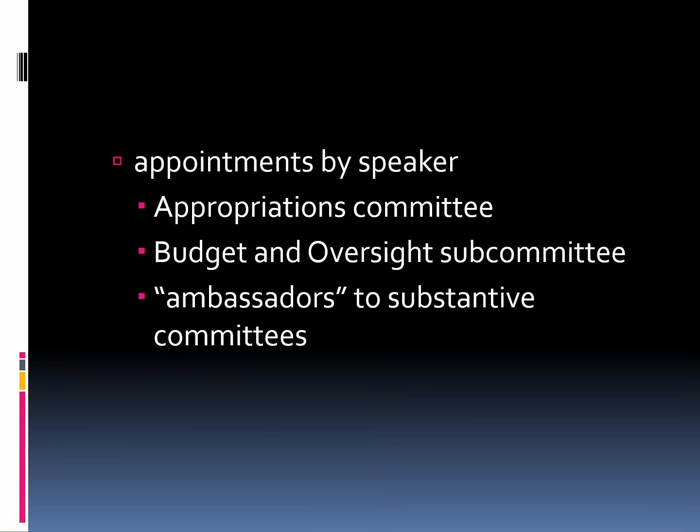What the Speaker will do is appoint an ambassador to these substantive committees, like the one on education or the one on healthcare, so that he can say, okay, this is what they're thinking about doing, this is how much they think it's going to cost. Or he might say, I'm sorry, we don't have that much money, you're going to have to gear back your expenditures on this particular program. So it's somebody that doesn't really vote, but that can give them some type of advice on the budgeting part of it.